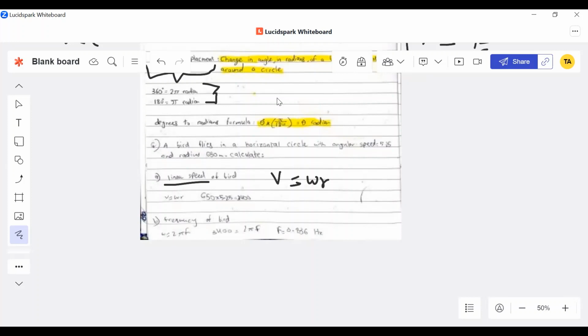So I would replace the subjects now. 650 is the radius. Multiply this by the angular speed, omega. So the angular speed is known as omega, and this is multiplied by 5.25. And what do I get?